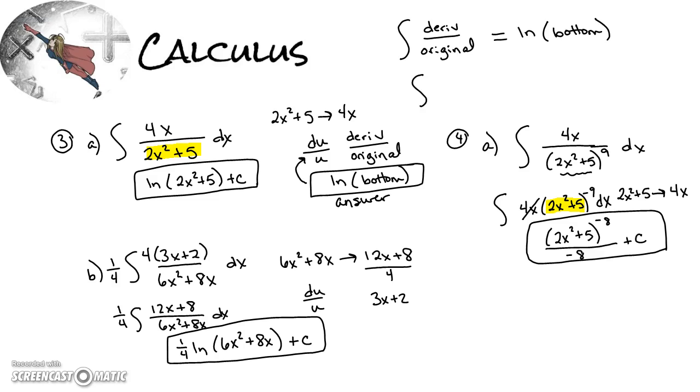But if you have the integral of a derivative on top over the original function on the bottom with a power, just remember that's not going to be the ln of the bottom. That is going to be a problem like this instead, which is actually more similar to the problems on the first page. And that's it.